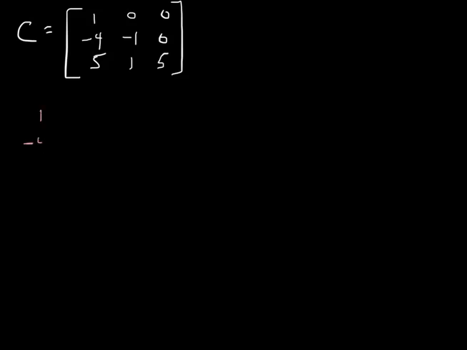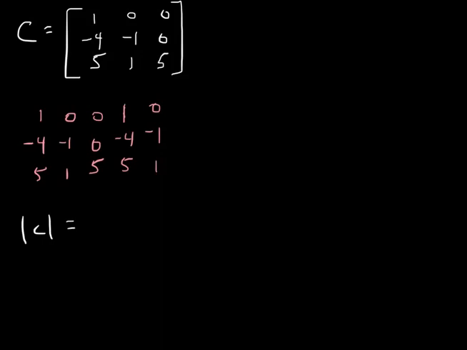Okay, let's try another one. C equals... and if you want, you can pause the video and try this on your own. But we rewrite the first two columns. Okay.